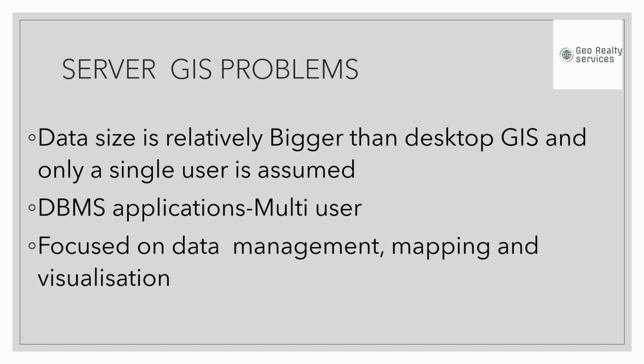In order to support multiple users, the full functionality of a database management system should be supported, such as transaction management with atomicity, consistency, isolation, and durability, SQL and data indexing and query optimizations, and so on. The main focus will be placed on data management with the database management system and mapping and geovisualization with GIS.